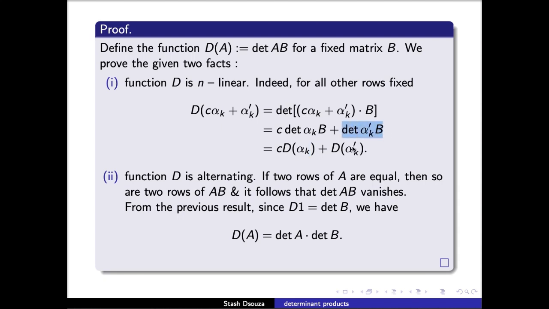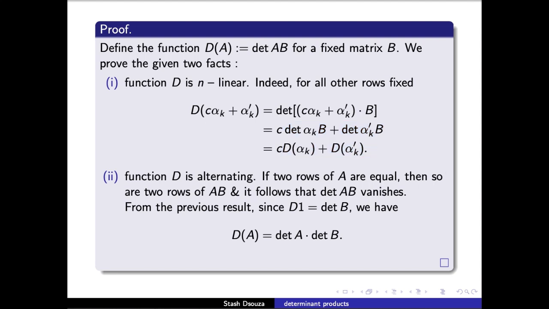And the second term here is nothing but d evaluated at alpha k prime in row k, all other rows being fixed. And the function d was defined to be the determinant of the product of A with B, which is exactly what we have here. This is a product of a row of A with B, and the other rows of A are fixed. They too get multiplied by B. We have just not simply mentioned them in this statement here.